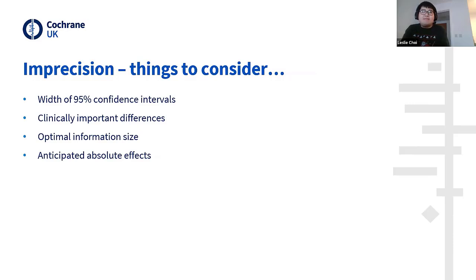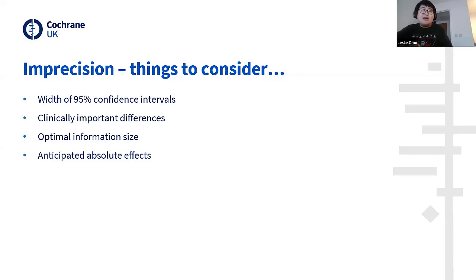This is much more well established with reviews that are going to be used to inform a guideline group, especially WHO guidelines, where it's standard practice for the steering group to define the important outcomes and define what they see as clinically important differences. Optimal information size is another factor to take in. This is how powered your meta-analysis is, and we'll talk about some general rules of thumb for that later.